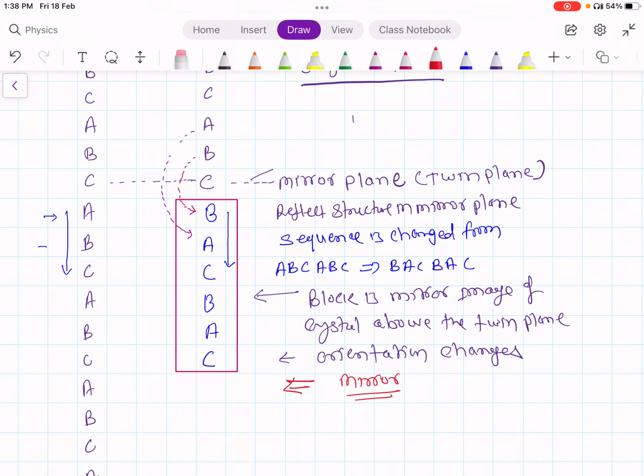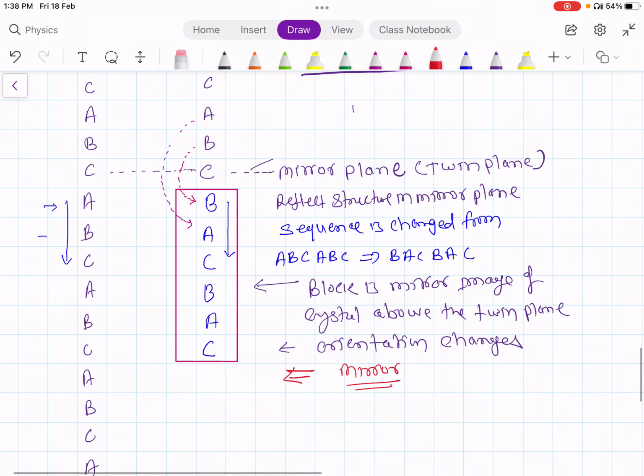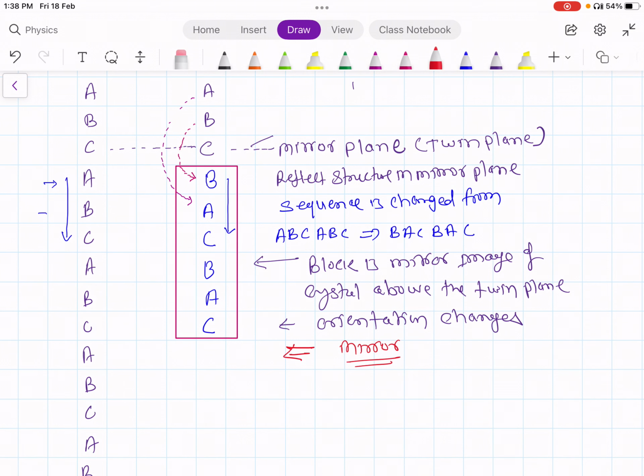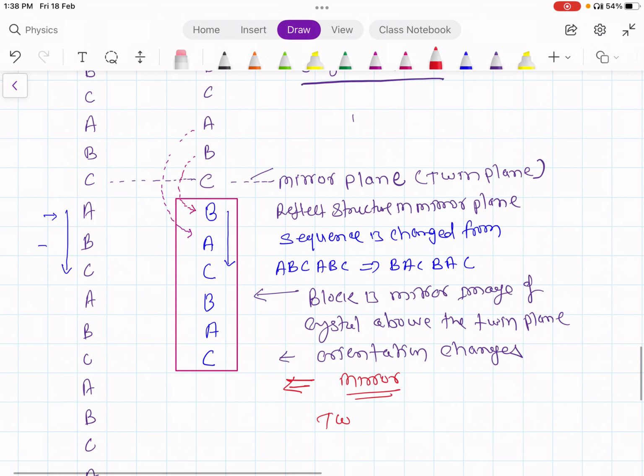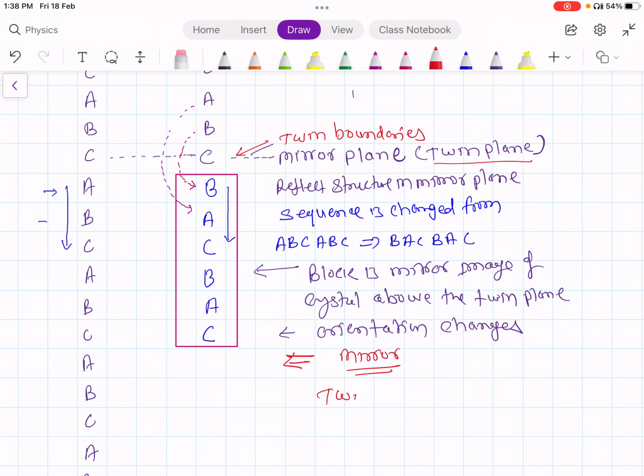Generally, the boundary appears in pair. Okay, generally these are twin boundaries. So this is a twin plane, and the boundary between these two is called the twin boundaries. And these two twin boundaries generally appear in pair.